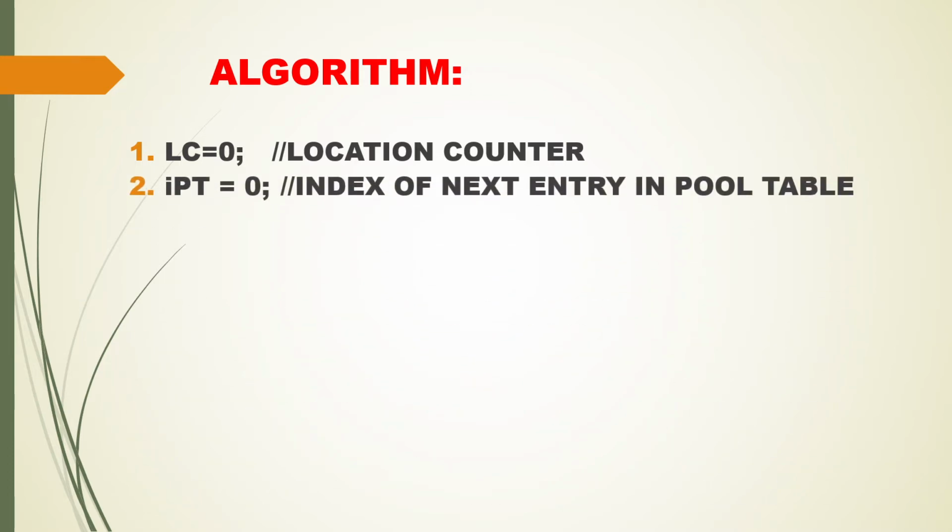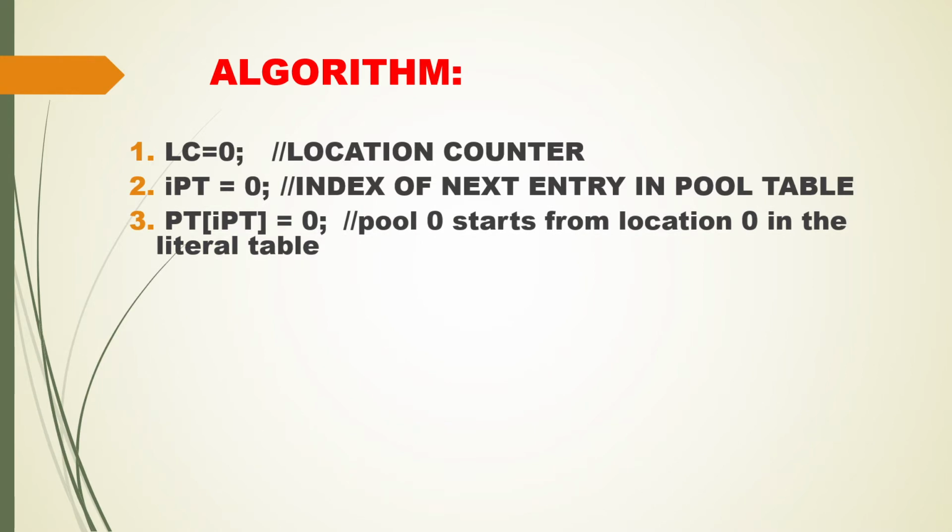Now we will see the algorithm. The first step of the algorithm is to initialize the LC counter, that is the location counter, to 0. Then the index of the next entry in the pool table is also initialized to 0.